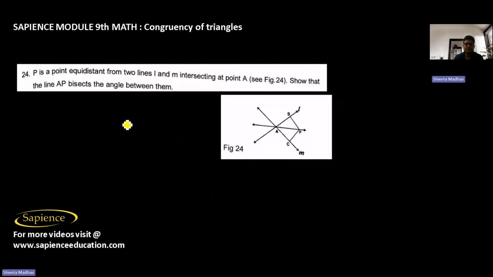And here it is told that P is a point which is equidistant from two lines L and M intersecting at the point A, so that the line AB bisects the angle between them.